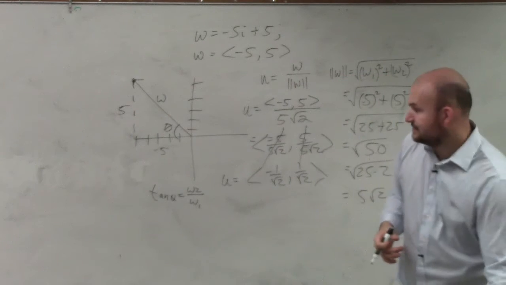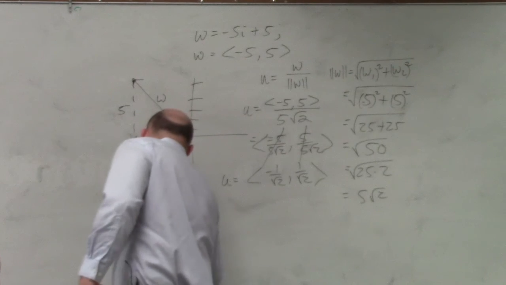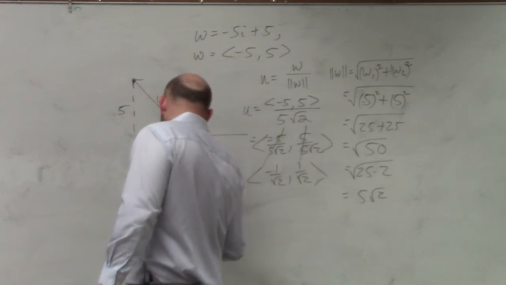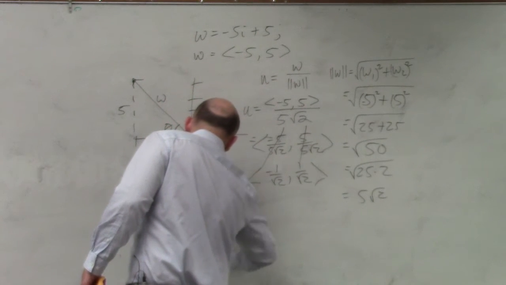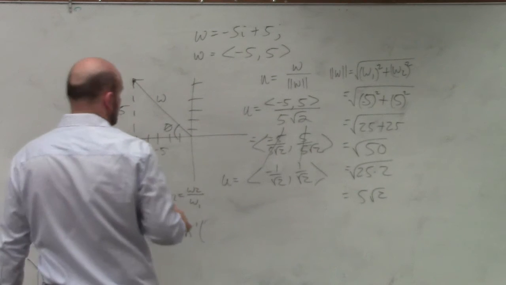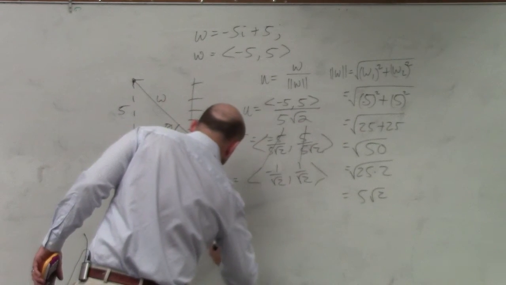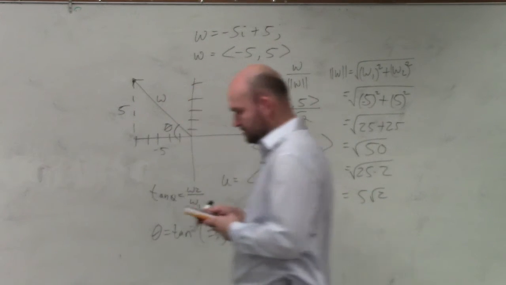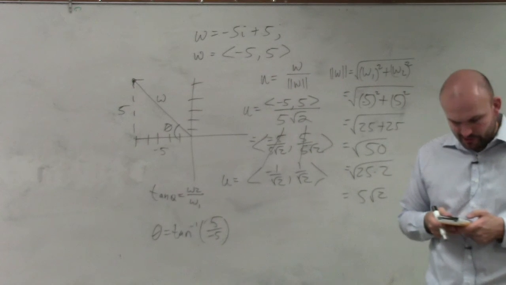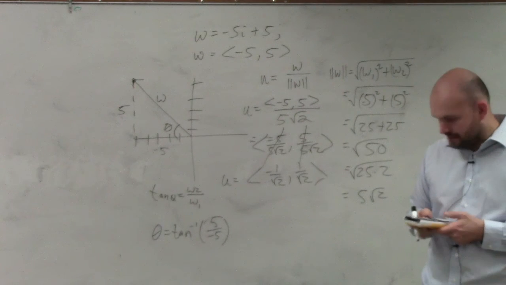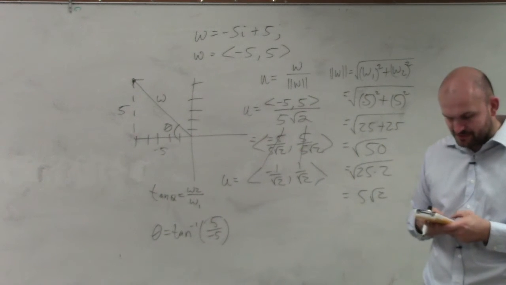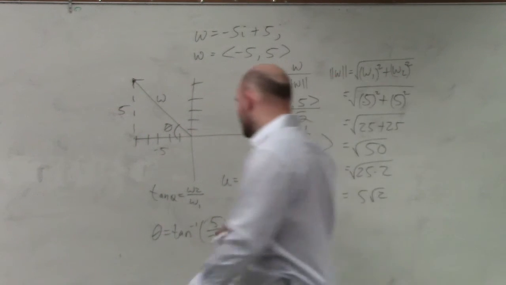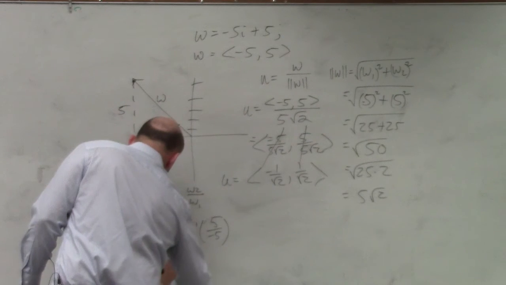So to find this, I'm going to use theta equals tangent inverse of w2 over w1, which is 5 over negative 5. I make sure my calculator is in degree mode. It is. I do tangent inverse of 5 divided by negative 5, which is negative 1, and I get negative 45 degrees, which I should have known.